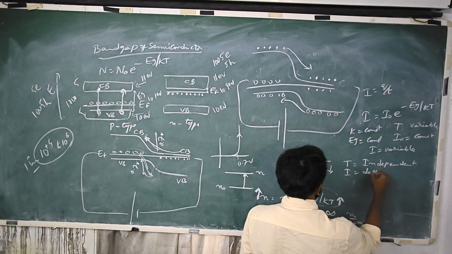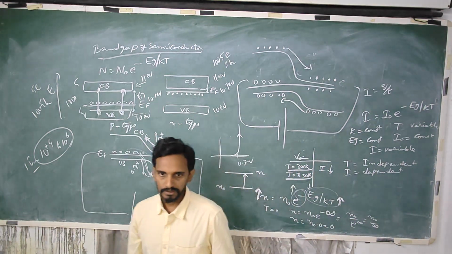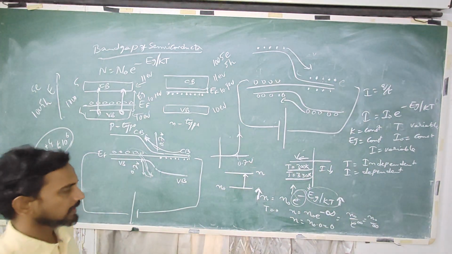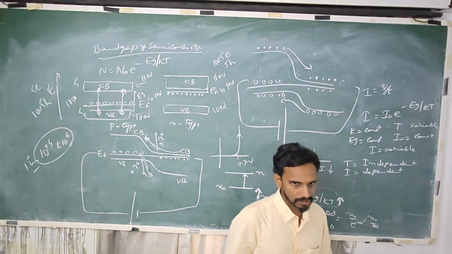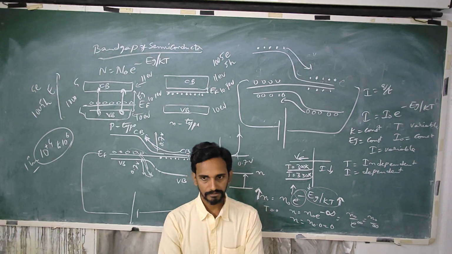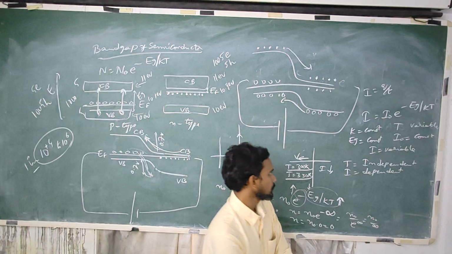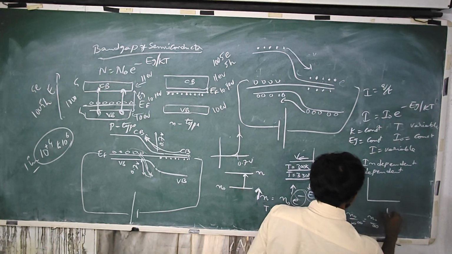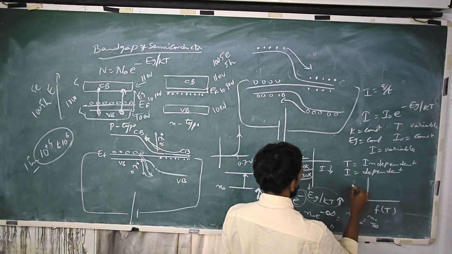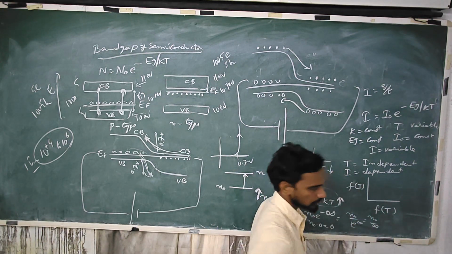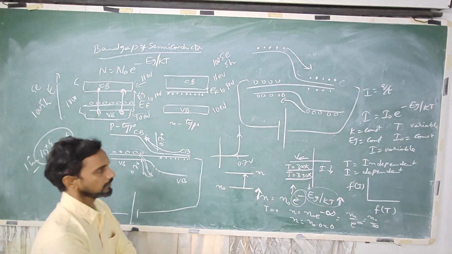I is dependent. Okay, so whenever you do an experiment, you have to tune that independent variable and see how the dependent variable changes. You have to keep varying T. So on the x-axis you should take a function of T, and on the y-axis a function of current, whatever the function may be. That part we need to see.